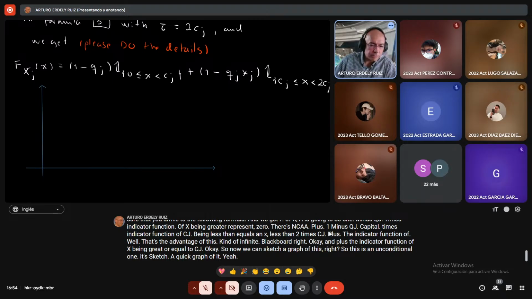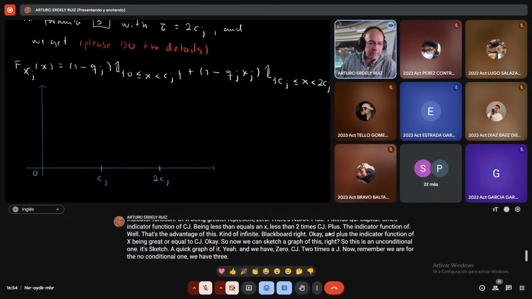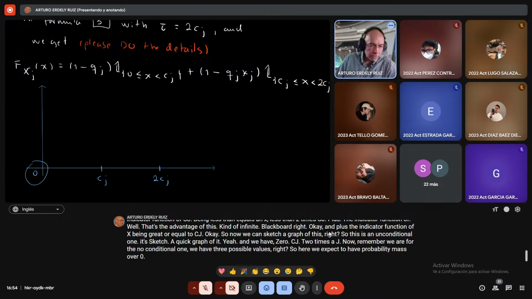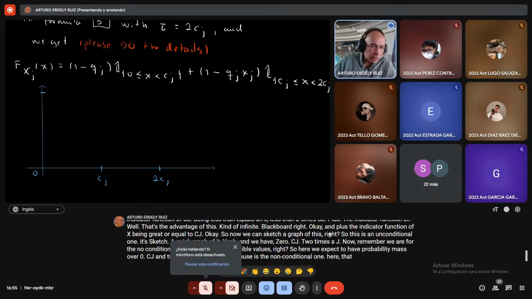And we will have 0, Cj, 2 times Cj. Now, remember, for the non-conditional one, we have 3 possible values, right? So here we expect to have probability mass over 0, Cj, and 2 times Cj, okay? Because it's the non-conditional one. Here, let's say we have 1.